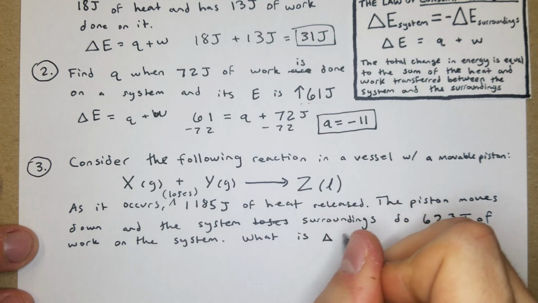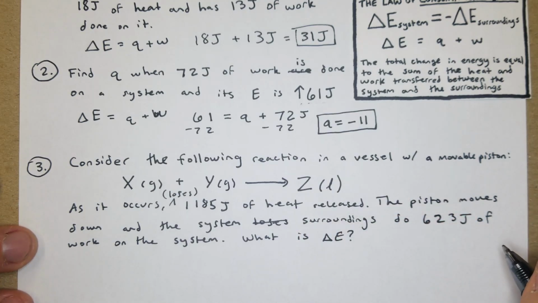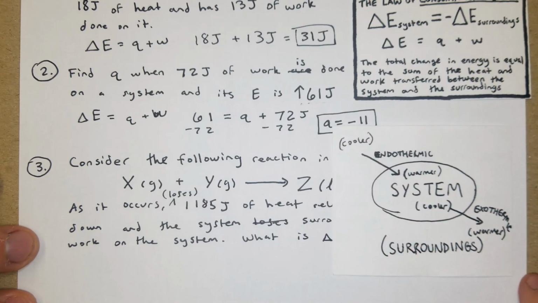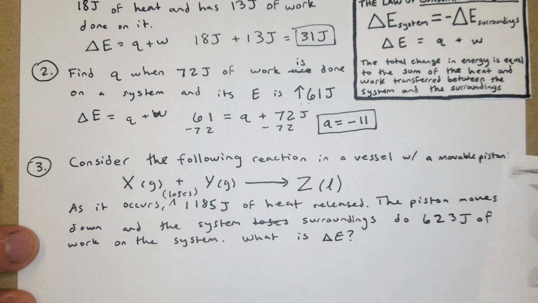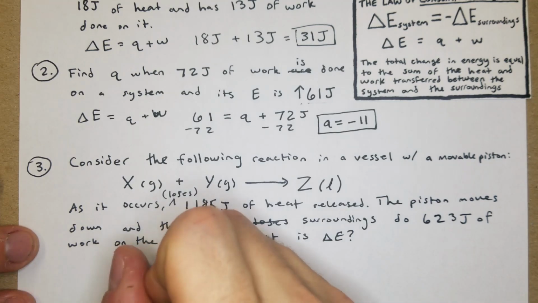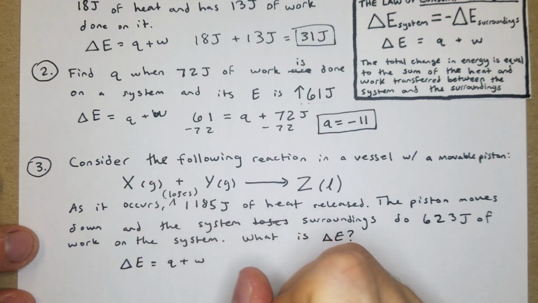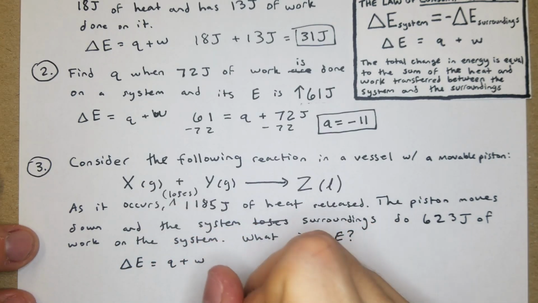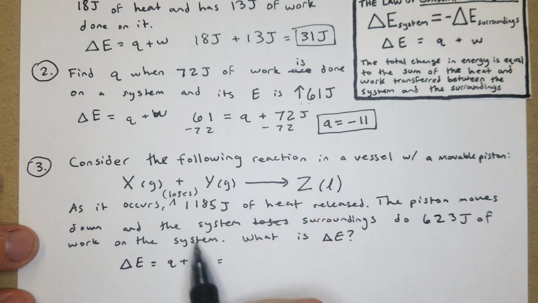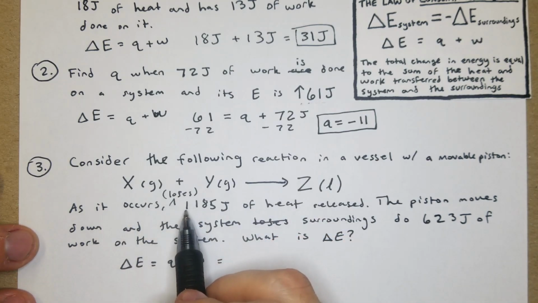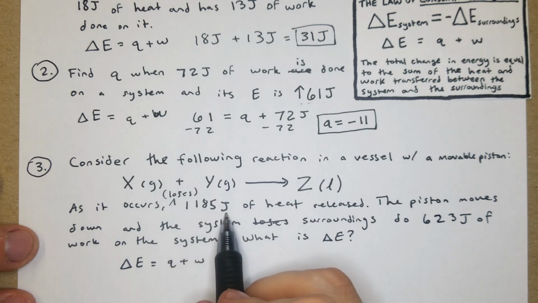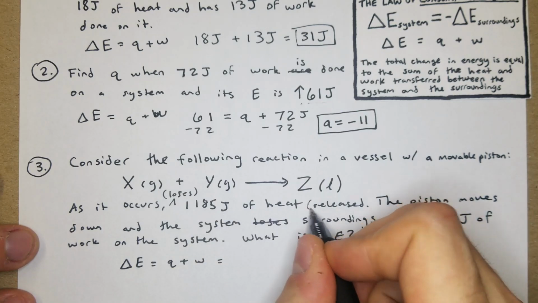What is delta E? We can run back to this really quick, just as a reference point. It said that the surroundings do 623 joules of work on the system. So we can always go back to Q plus W. As it occurs, it loses 1,185 joules of heat, or it's released.